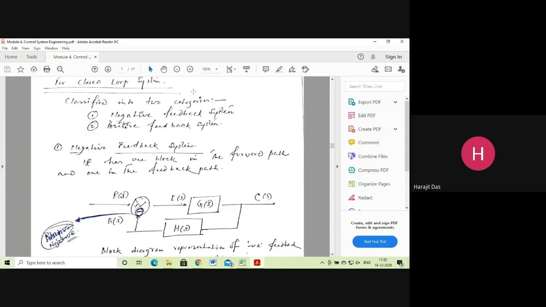Basically, closed loop control systems are of two types: one is a negative feedback system, and one is a positive feedback system. What is a negative feedback system? Suppose you have given 20 degrees as the reference or input signal, and you are getting 18 degrees.